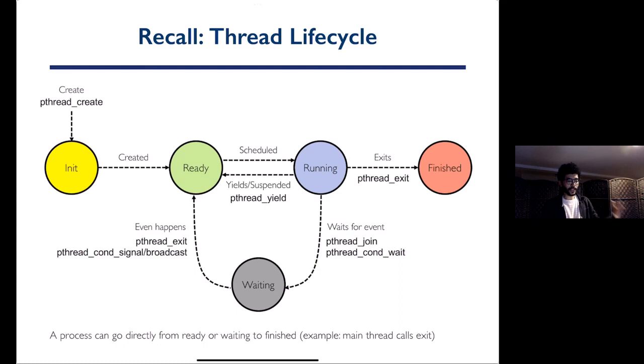If the thread is scheduled, then its state becomes running. If it's waiting, its state is waiting. And once it's done, the state becomes finished. Now, let's focus on going from ready to running, and also going from running to waiting.